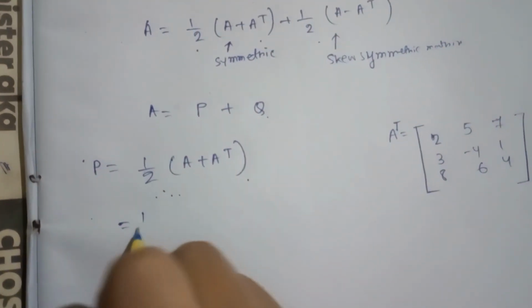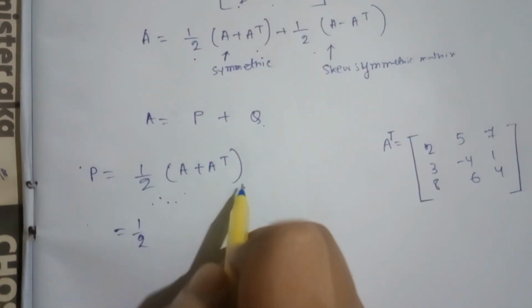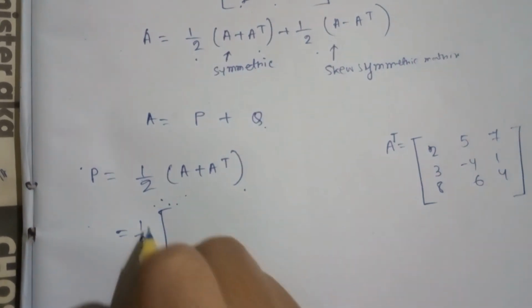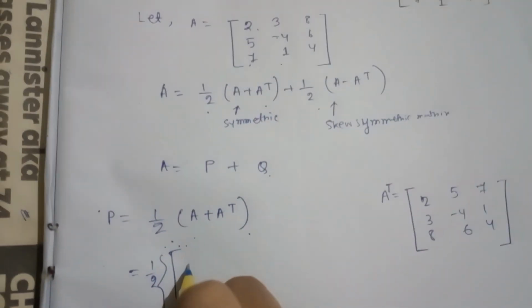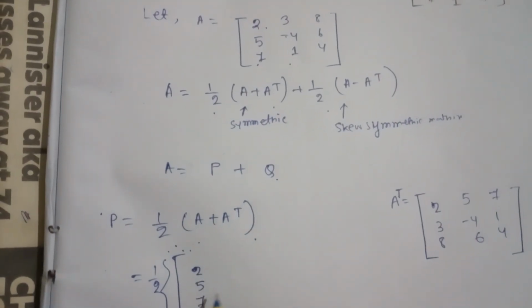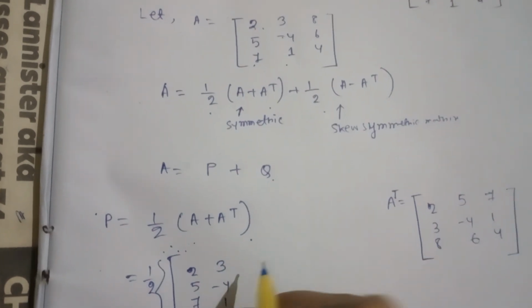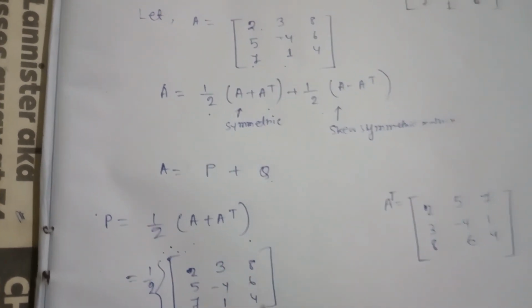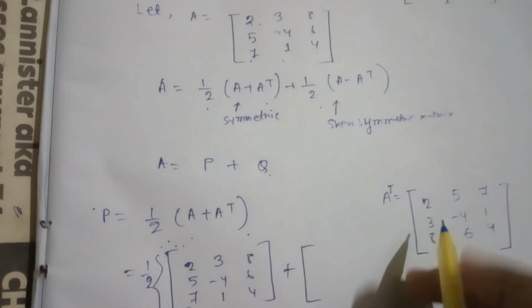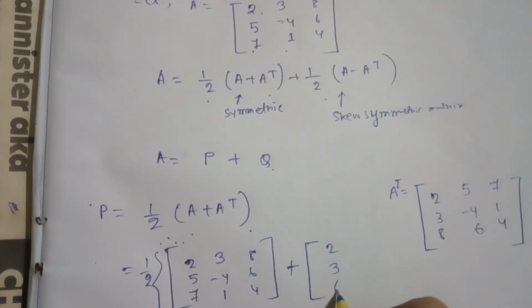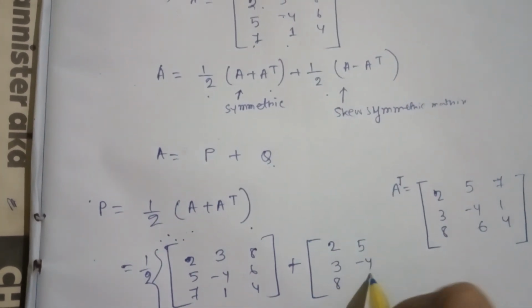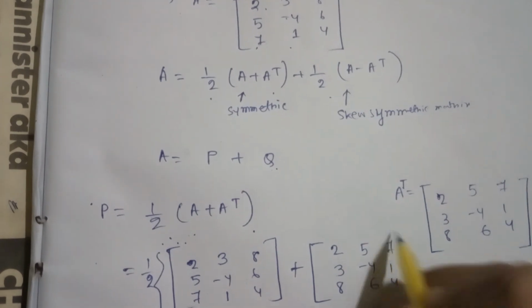Now we put in the values of A and A transpose. A is [2, 5, 7; 3, -4, 1; 8, 6, 4] plus A transpose, which is [2, 3, 8; 5, -4, 6; 7, 1, 4].